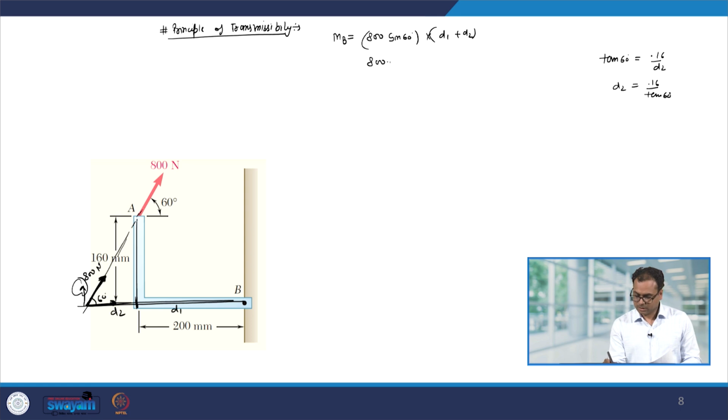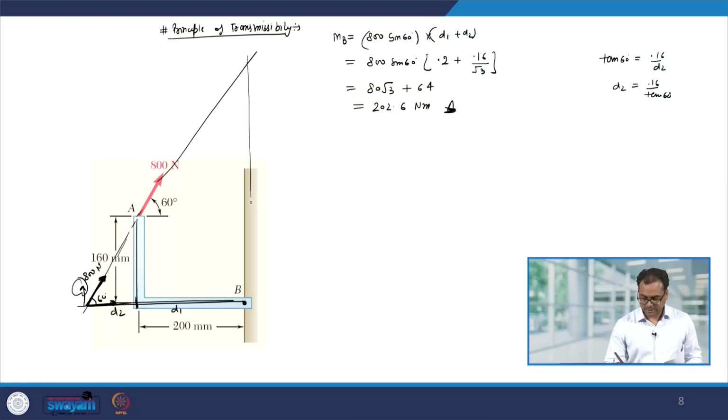So, this is the force multiplied by d1 plus d2, d1 is 0.2 plus d2 is 0.16 divided by square root 3. So, therefore, this will be 80 square root 3 plus 64 and this comes out to be 202.6 Newton meter.